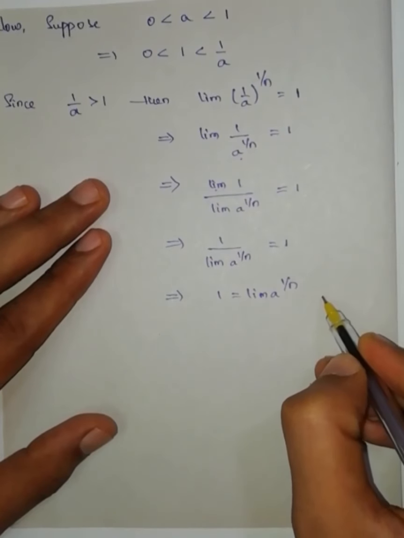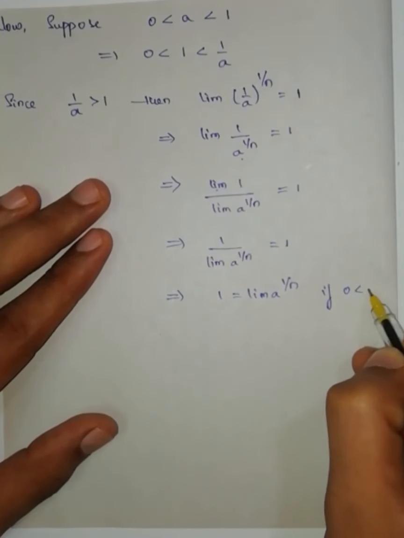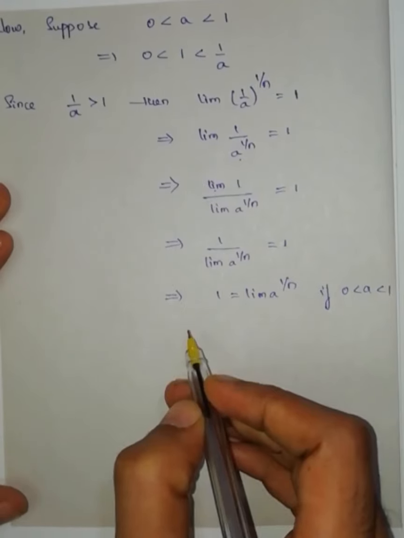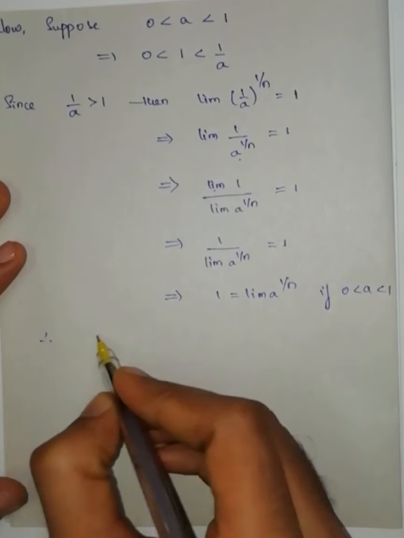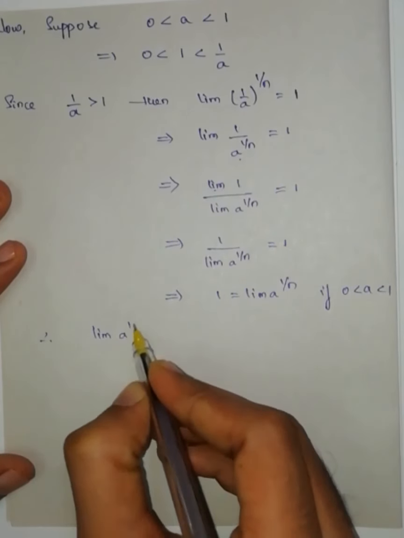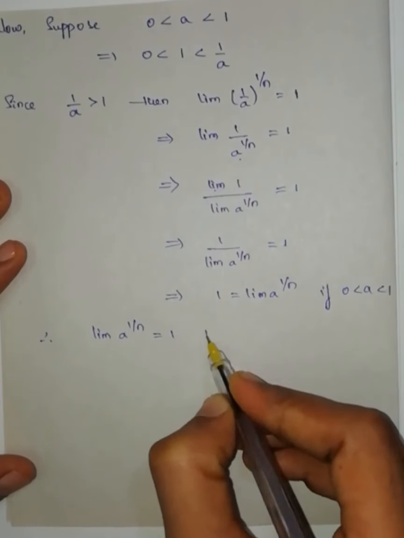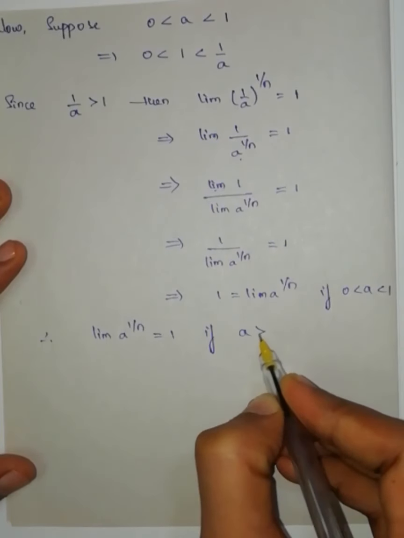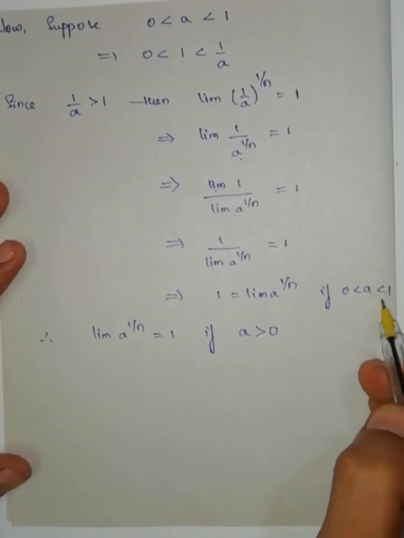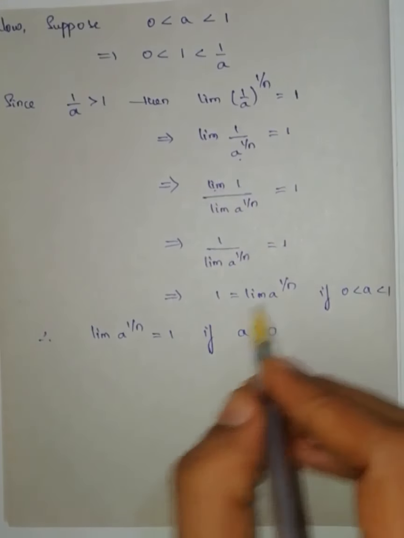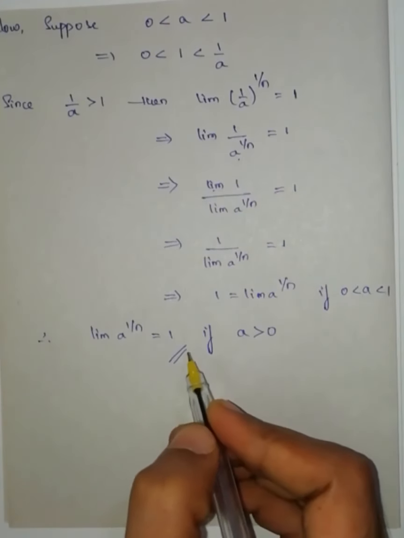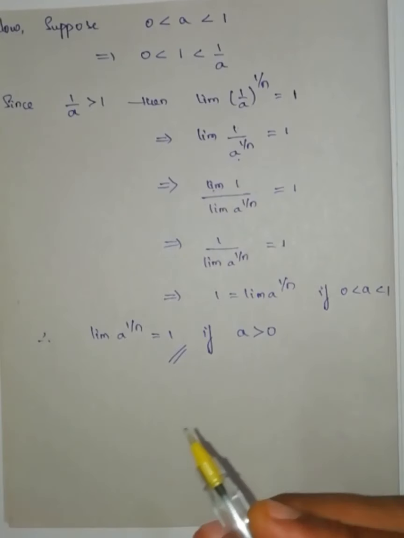What is this case? 0 less than a less than 1. Therefore, in both the cases we got limit a to the power of 1 by n is equal to 1 if a is greater than 0. Either a lies between 0 and 1 or is greater than or equal to 1, its limit value is equal to 1.